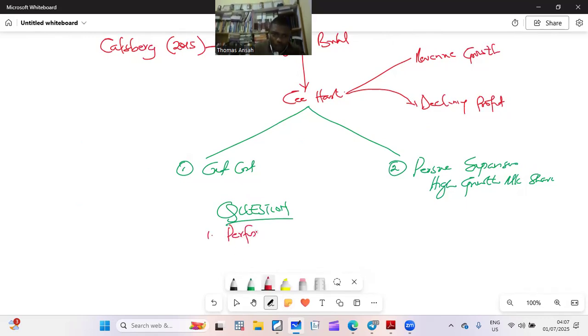What is the performance target they should aim at? And how should any strategy option that they choose be evaluated? How should they evaluate their strategic options?